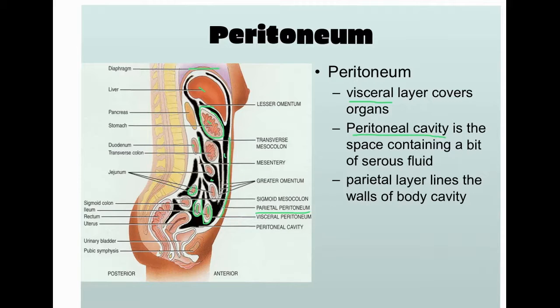Now remember, the function of this is that the peritoneal cavity contains a serous fluid, which is very slippery. So it allows these structures in the digestive system to move around without causing friction. They're not rubbing against each other. That slippery serous fluid allows them to glide past each other without sticking.